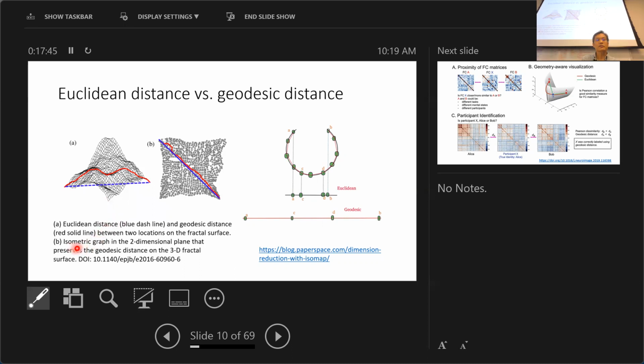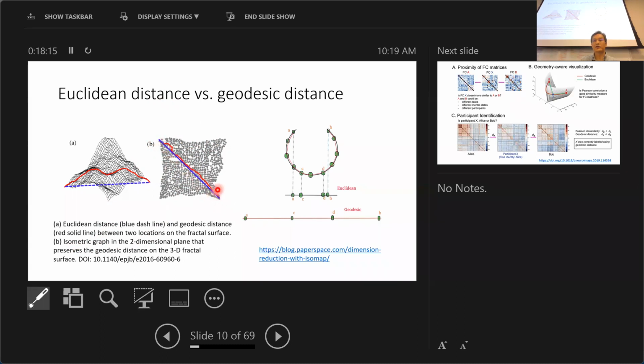So the Isomap graph is like this. You have local links between the data points. You don't jump from one end to another; there's no link. You have to follow those small steps. So from one end to another, if you compute the Euclidean distance using the coordinates, you get the blue line.